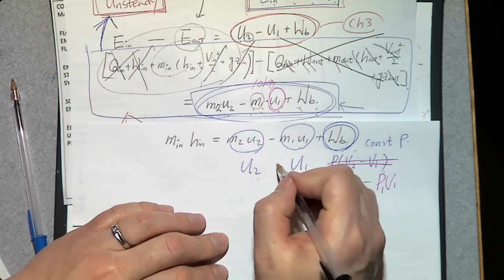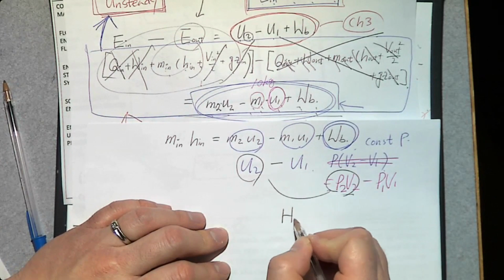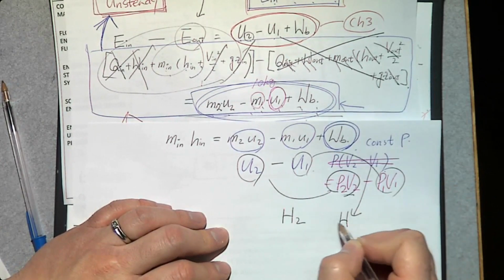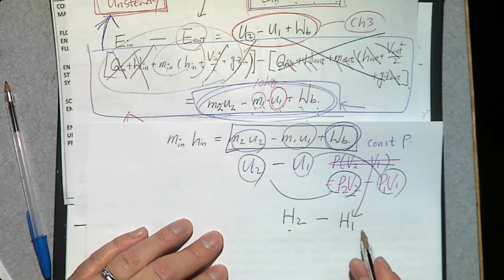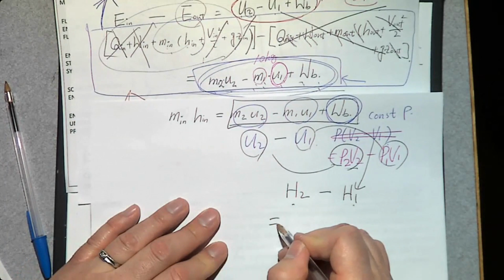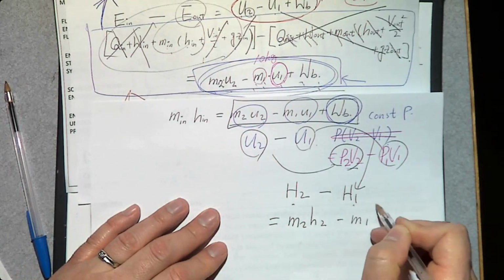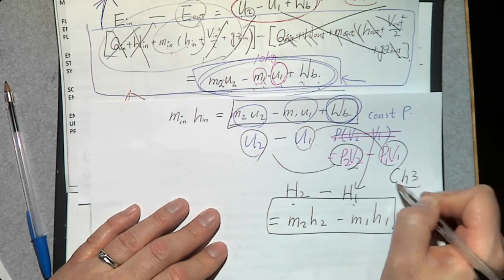Then you can combine these two and say H2, and these two and say H1. So this right-hand side becomes H2 minus H1, which can be determined by M2H2 minus M1H1, which was chapter 3 material.